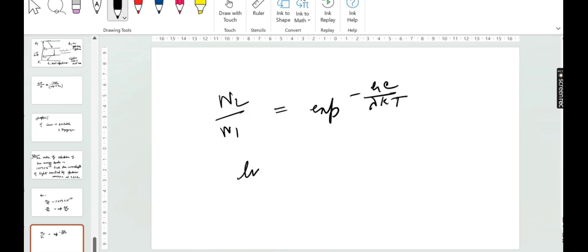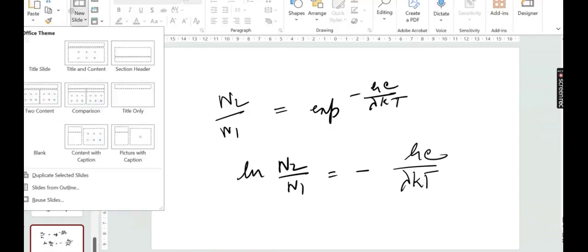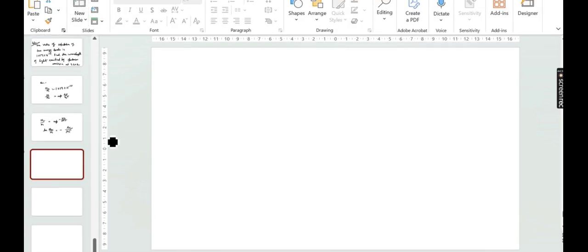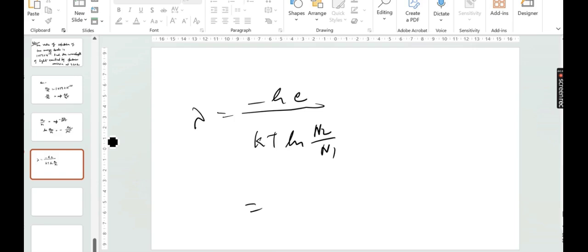If we take log on both sides, we get lambda is basically minus hc by kT ln(N2 by N1). Putting all these values, we get 632 times 10 to the power minus 9 meter, which is 632 nanometer.